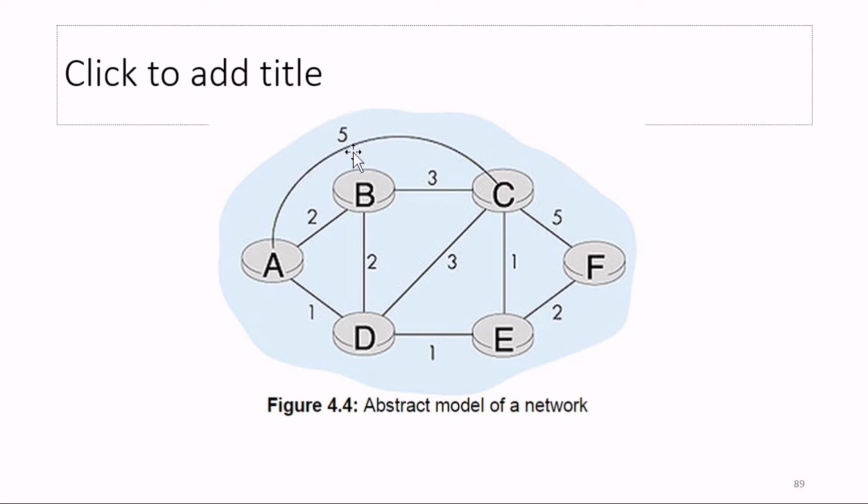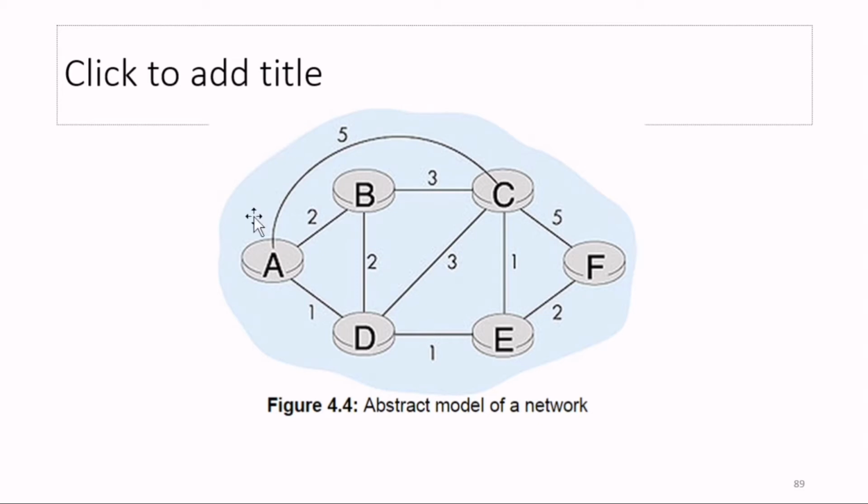In this example, we consider the simplest algorithm where the cost represents the number of routers. For example, from router A to router C, it is connected through 5 routers. So the function of the routing algorithm is to find the shortest path.